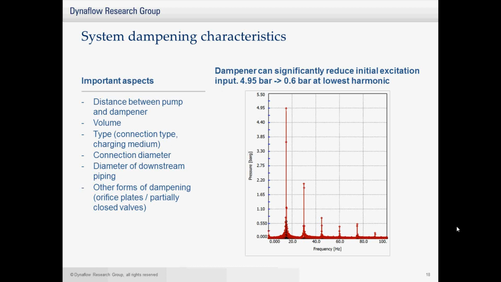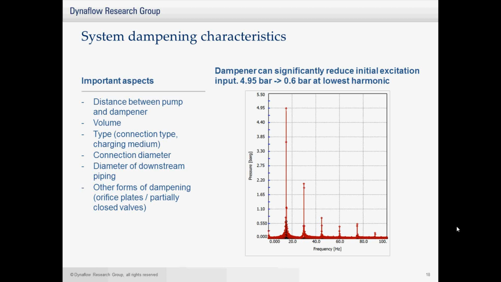Several important aspects for a dampener are, for example, the distance between pump and dampener, the volume, the type, so you have different types of dampeners, the connection diameter, if it's a side branch dampener, the diameter of the branch is a characteristic of the dampener, and the diameter of the downstream piping. And then you also have other forms of dampening besides a dampener, and that's an orifice plate or something else that causes a significant pressure drop.